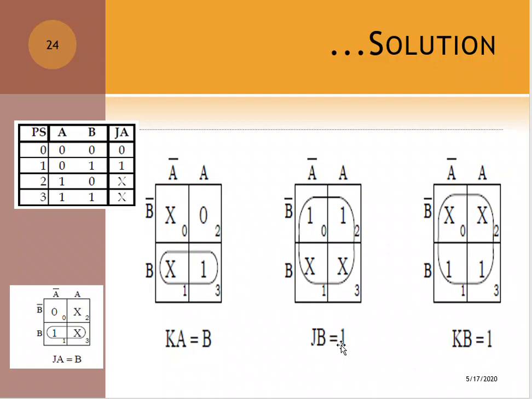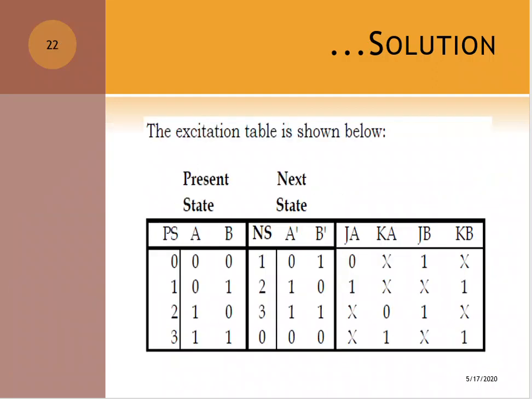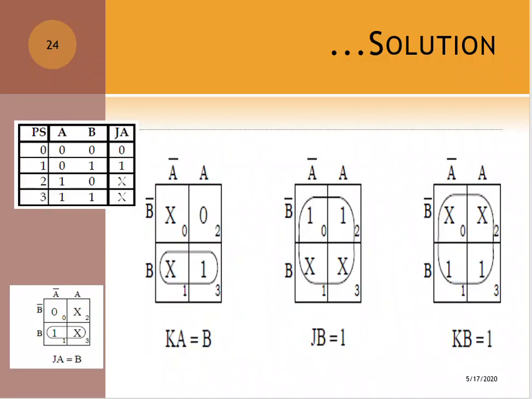Remember I told you, when we can have a loop considering all the elements in the Karnaugh map, the answer is 1. Then the last one, KB, also 1. Okay, so next you have the four expressions for JA, KA, JB, KB.